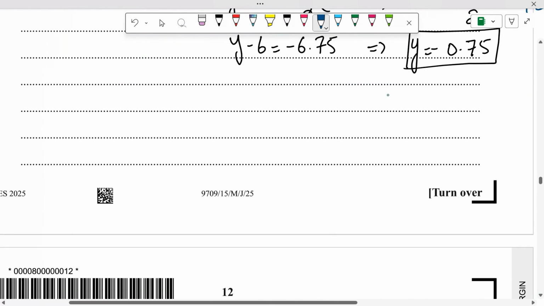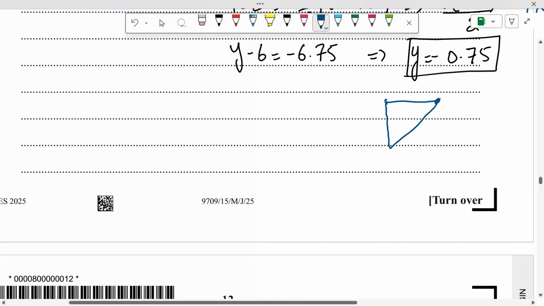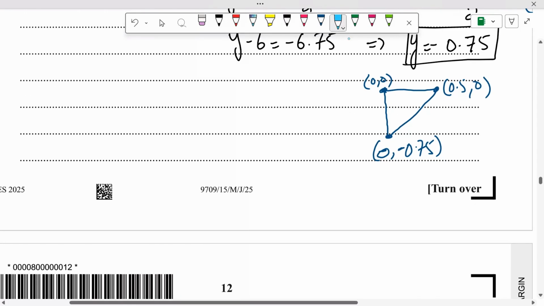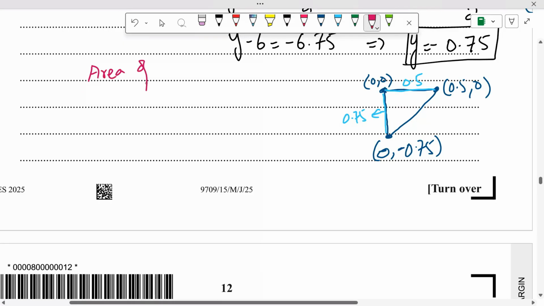So the area of this triangle: this point is (0.5, 0), this point is (0, -0.75), and this is the origin. We know that the length of this line is 0.75, which is the height, and the base is 0.5. We can find the area of the triangle by using the formula: area of triangle equals 1 over 2 times height times base.